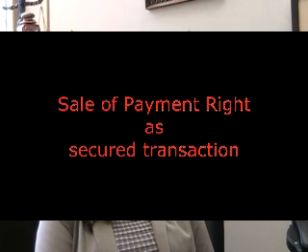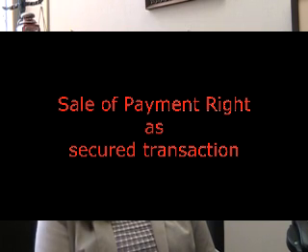Now, how do we sort out the competition between buyer 1 and buyer 2? Of course, one solution is to say, buyer 1 always wins because buyer 1 was the first to buy, and once the seller sold the accounts to buyer 1, nothing was left for the seller to sell again. But Article 9 doesn't take that solution.